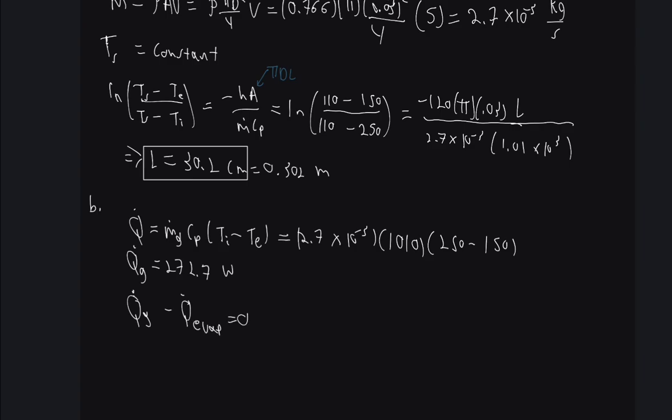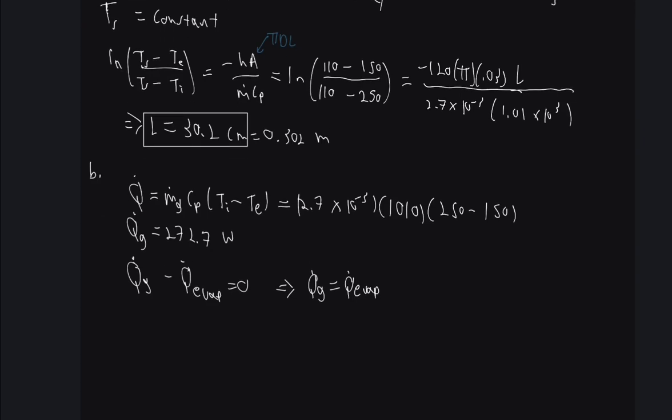That's just energy balance. You can't lose more temperature than you have, or heat. So Q dot G is equal to Q dot evaporation. Great. So now we just have to figure out what formula to use for Q dot evaporation.